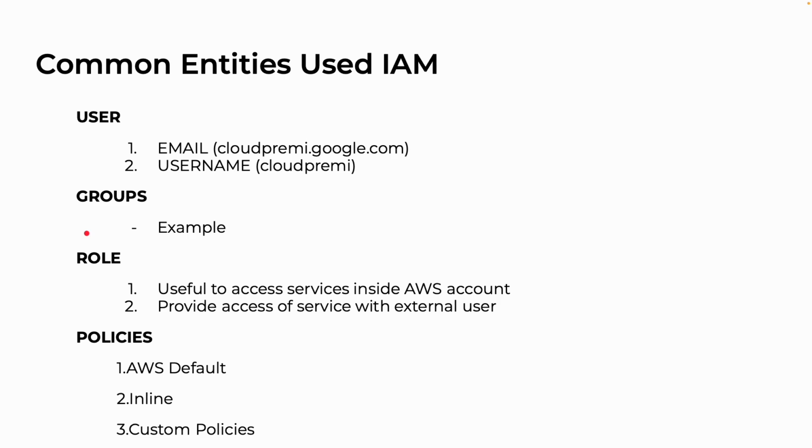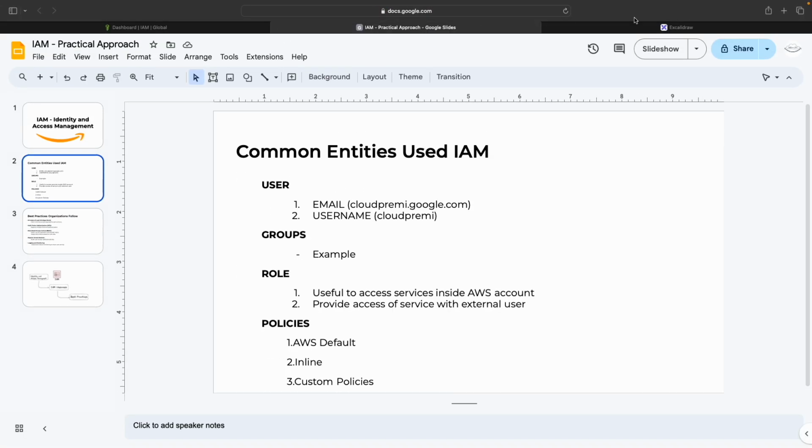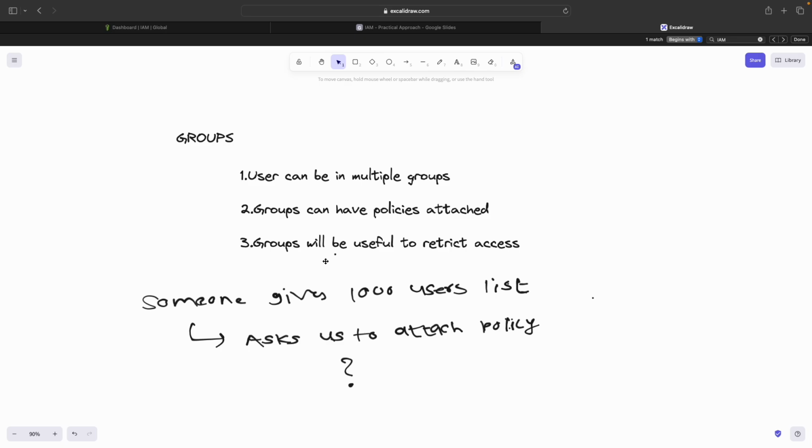For groups, we'll take a simple example. A group is a group of IAM users, and a user can be attached to multiple groups. Users can have policies attached, and groups are useful to restrict access.